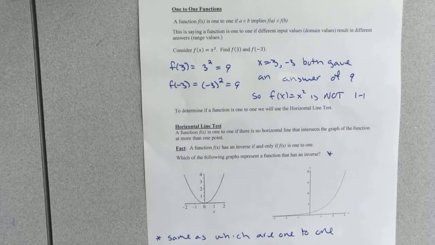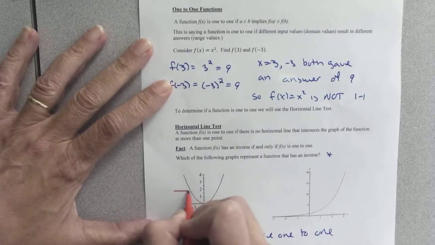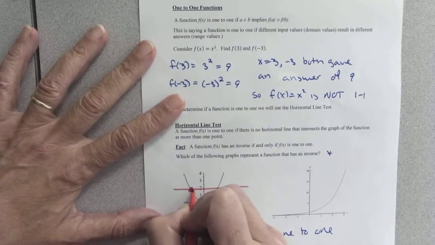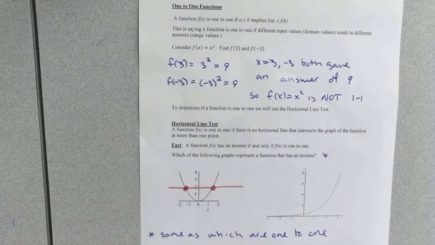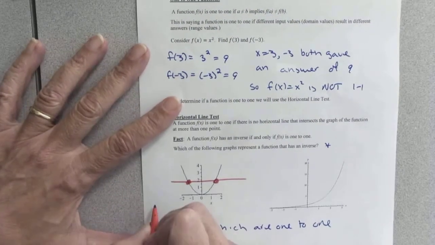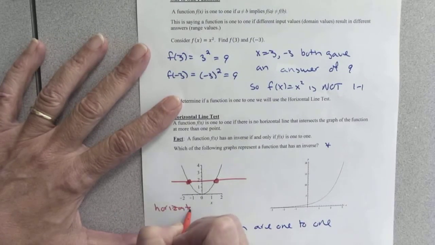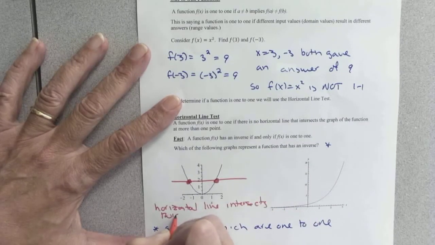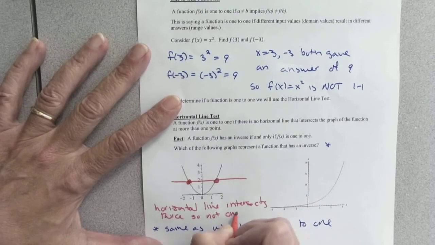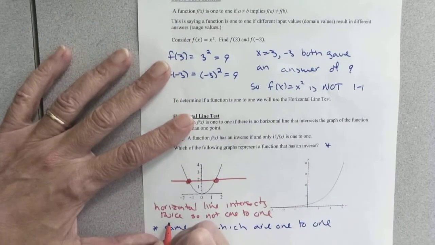When I look at this one, which is just the parabola that we already looked at, if I draw a little line here, a horizontal line intersects twice. So not one-to-one. So no inverse.